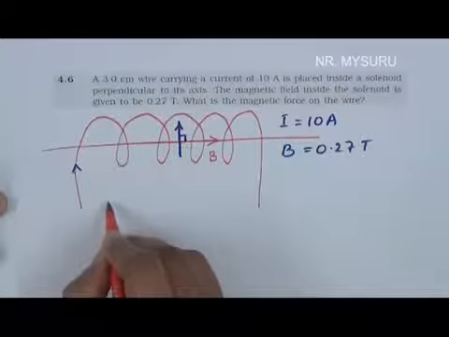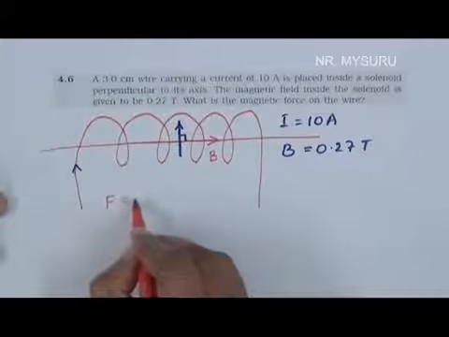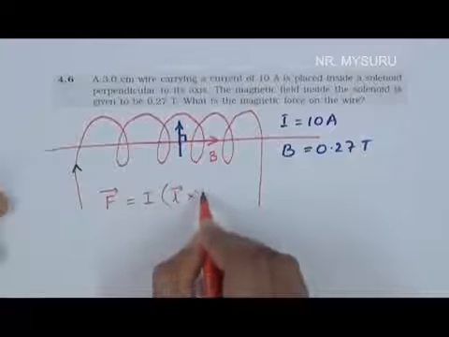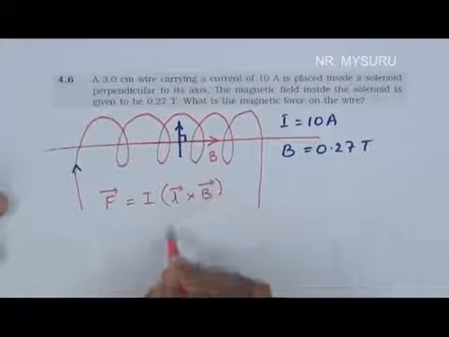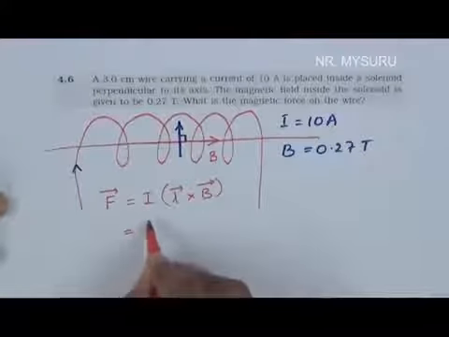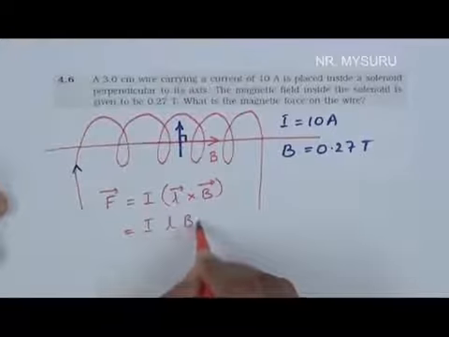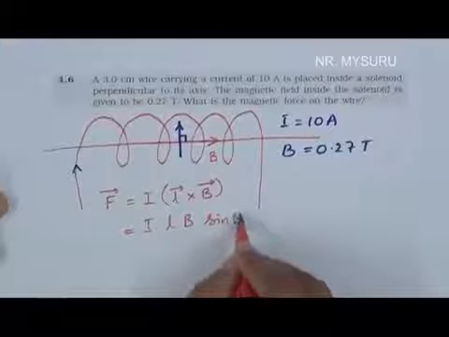So magnetic force is given by I into L cross B, which is equal to I L B sin theta.